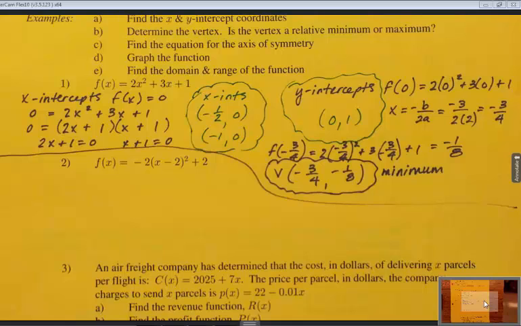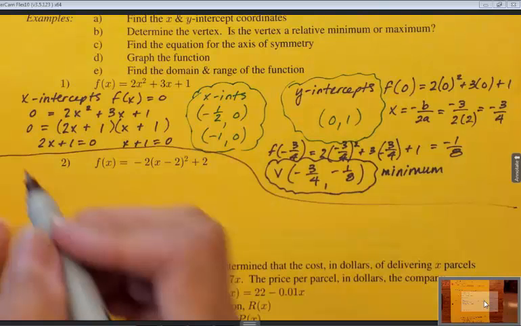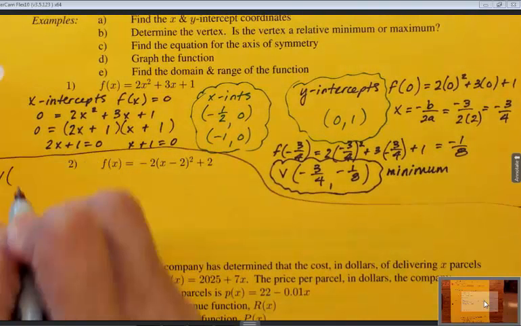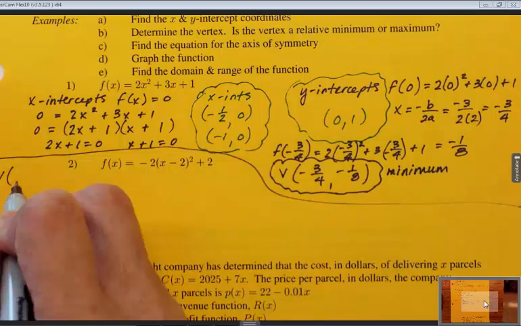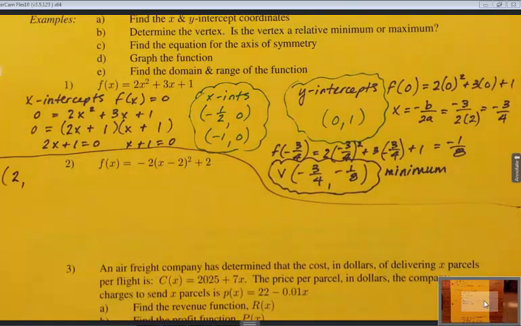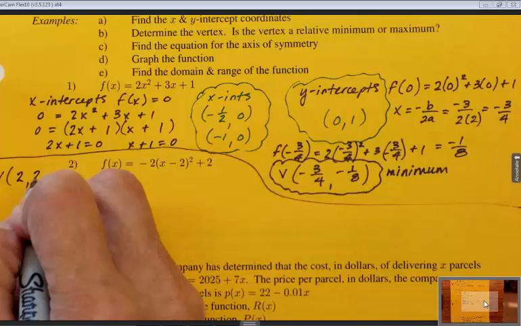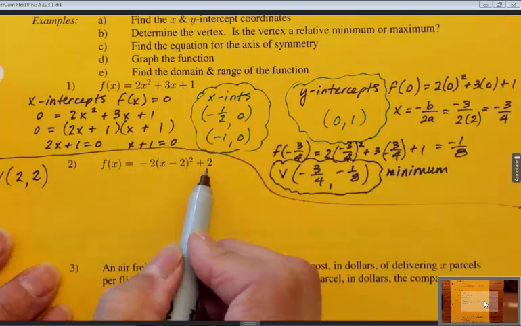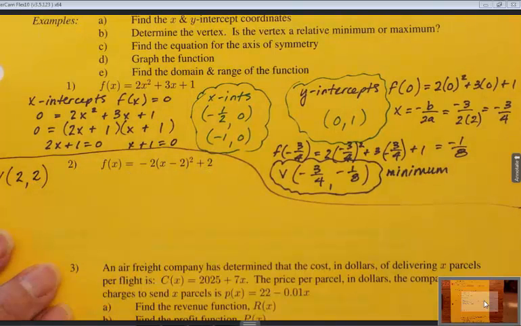What's the y-coordinate going to be? 2. Whatever you have on the outside. So that's your vertex. What's my axis of symmetry going to be? An invisible vertical line. X equals 2, the x-coordinate of your vertex.